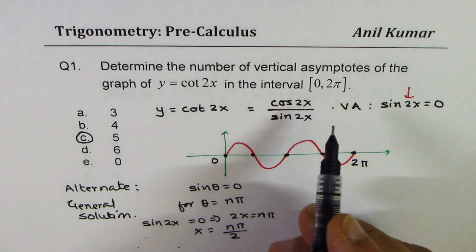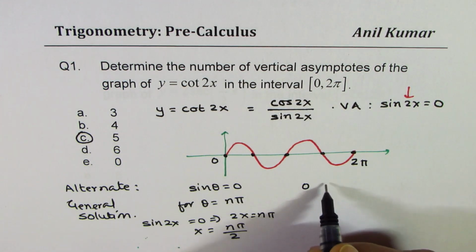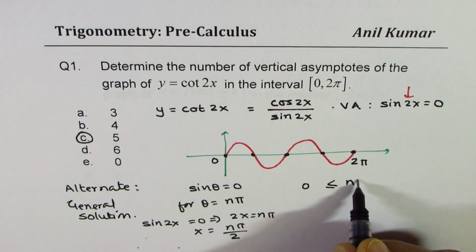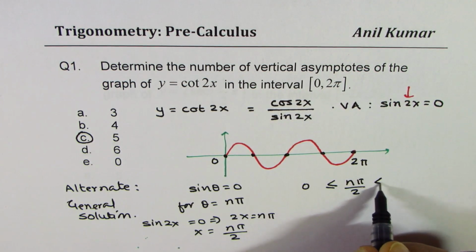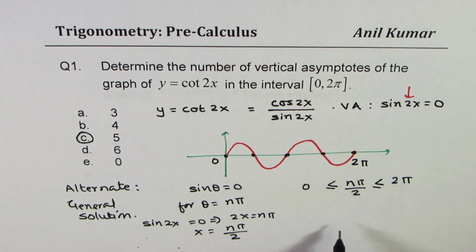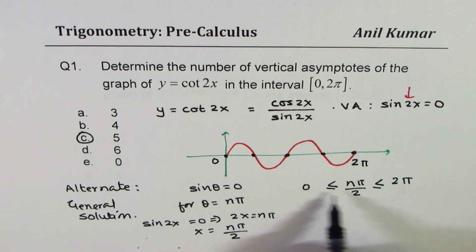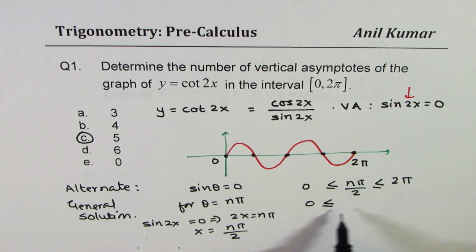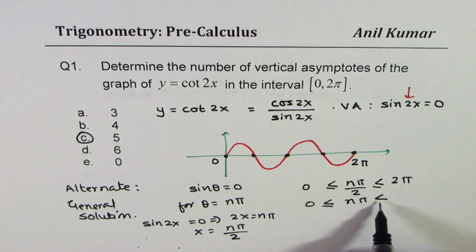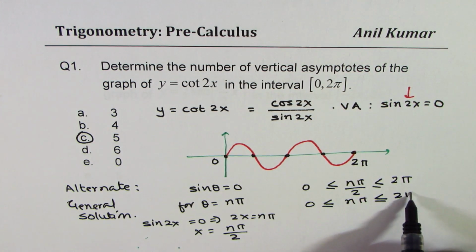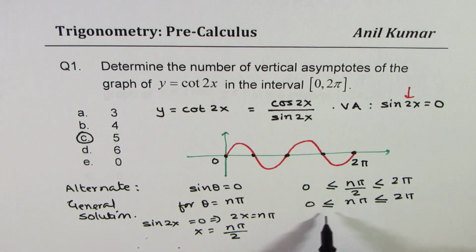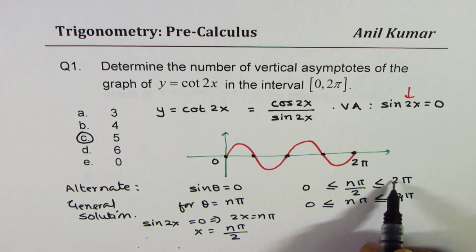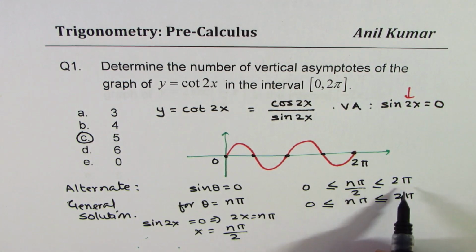Now we are given the domain 0 to 2 pi, so we say that n pi by 2 is between 0 and 2 pi. Multiply by 2, you get 0 is less than or equal to n pi, less than or equal to 4 pi. So 2 times 2 is 4, we multiplied everything by 2.